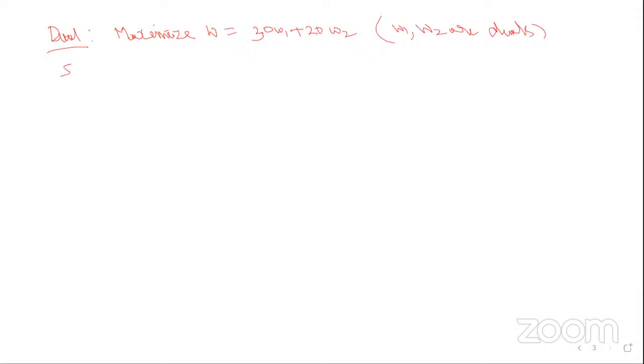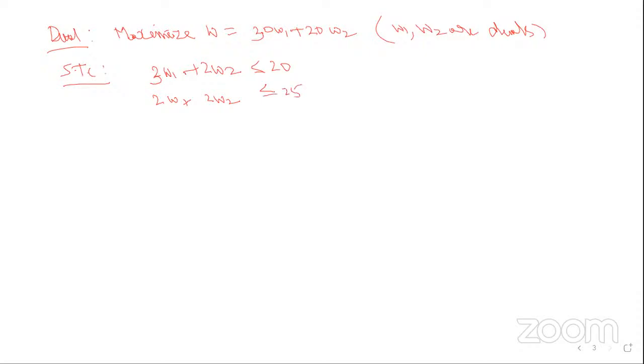Subject to constraints: 3W1 plus 2W2 is less than or equal to 20, and 2W1 plus 2W2 is less than or equal to 25.